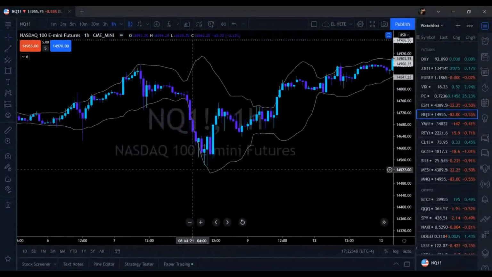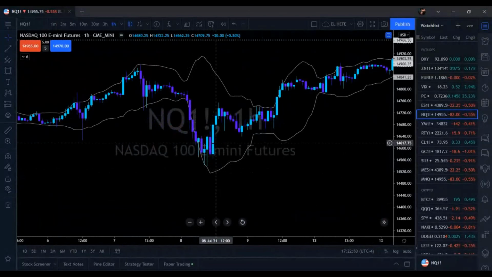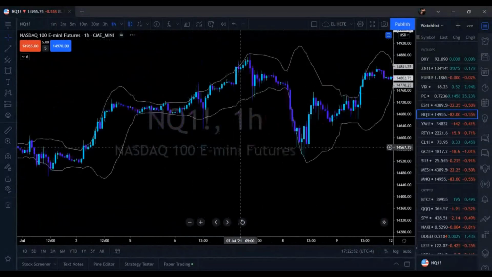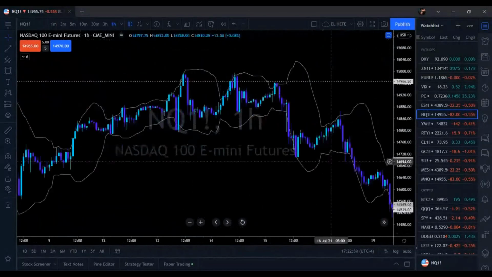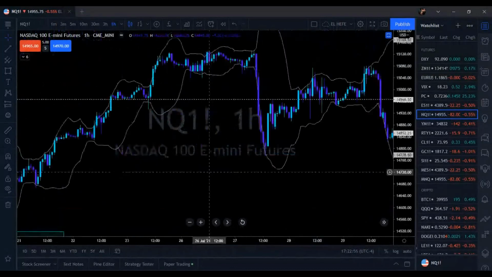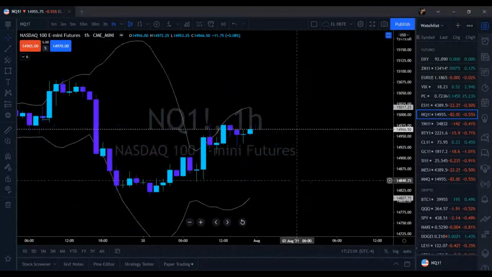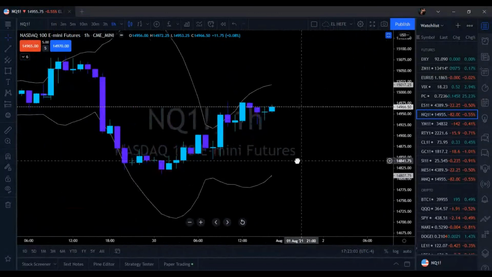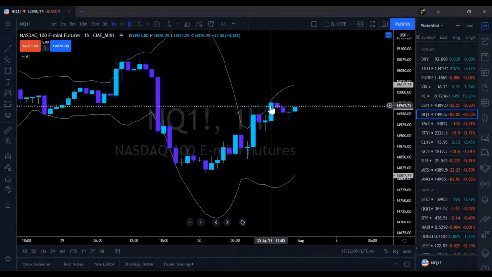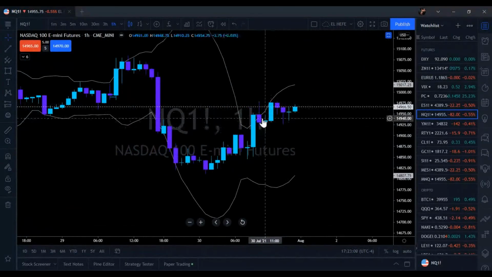So, for example, on Friday, if you're looking at the overnight session, what time frame are you on? 1 hour. Okay. You got the last poke outside the Bollinger Band right here.